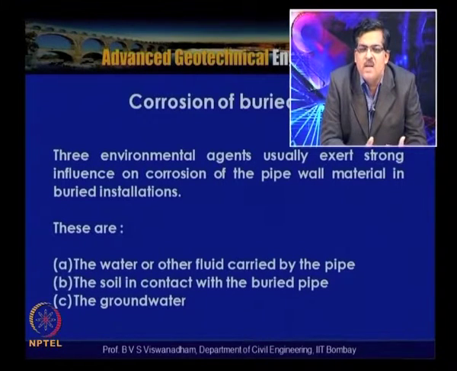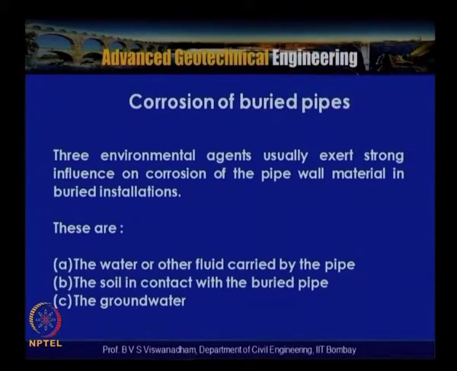If the soil is saline in nature, it can lead to extensive corrosion. And the groundwater, if it has high chlorides and sulfates, can also be a cause of concern for corrosion. So, of the three environmental agents that exert strong influence on corrosion, one is the water or other fluid carried by the pipe.